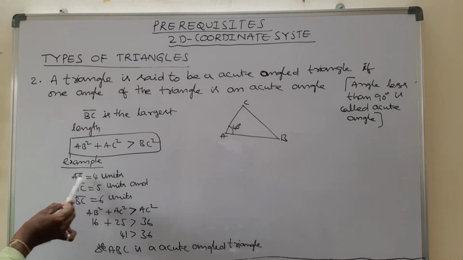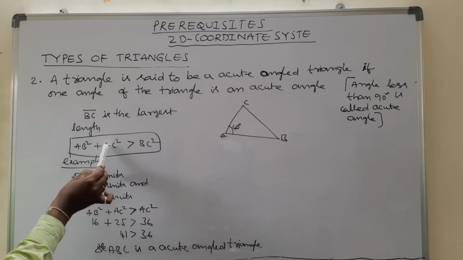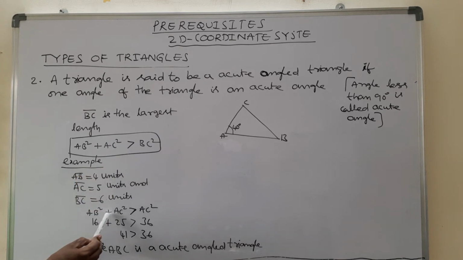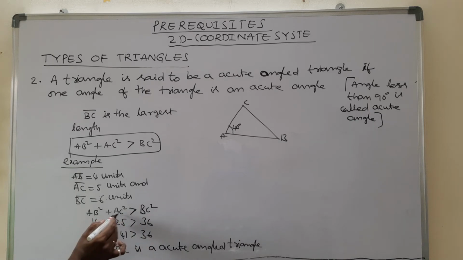Example, here AB equal to 4 units, AC equal to 5 units and BC equal to 6 units. Then apply the condition: AB square plus AC square greater than BC square.